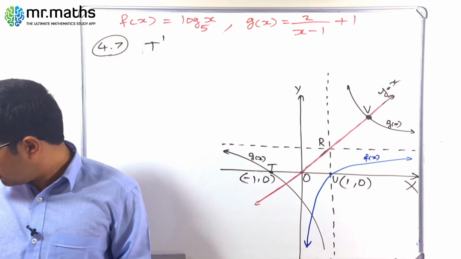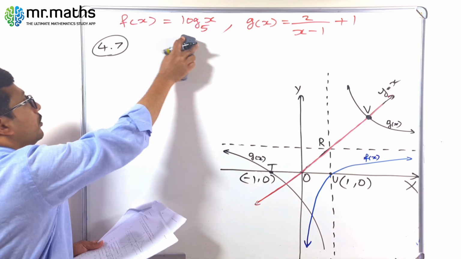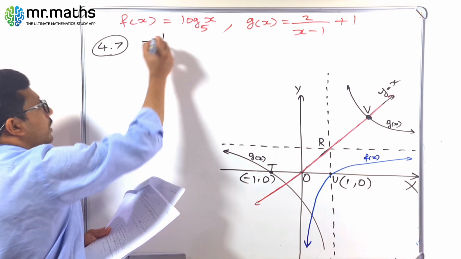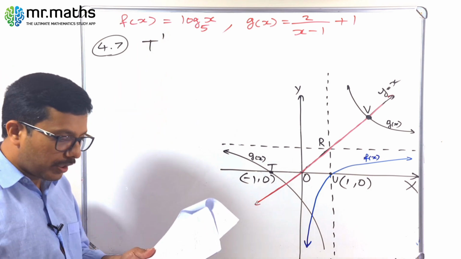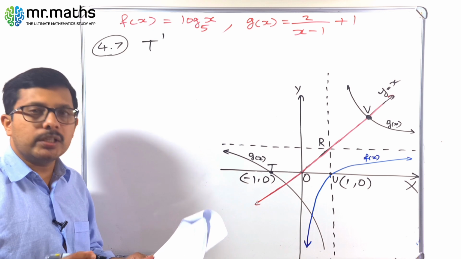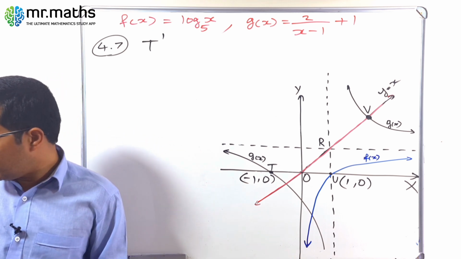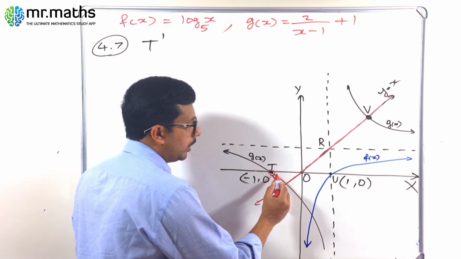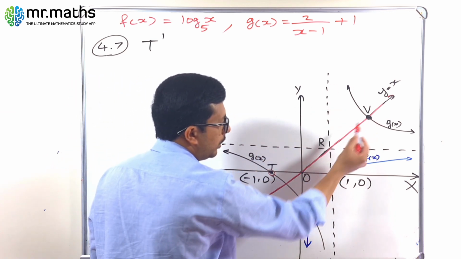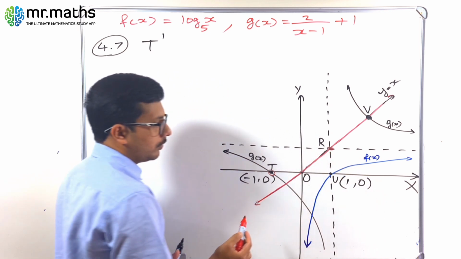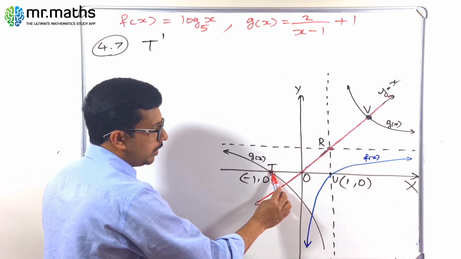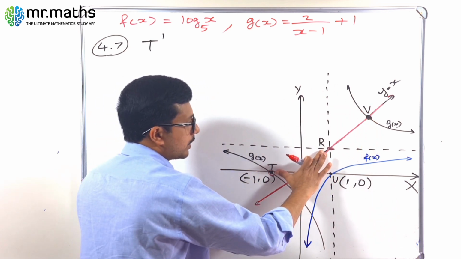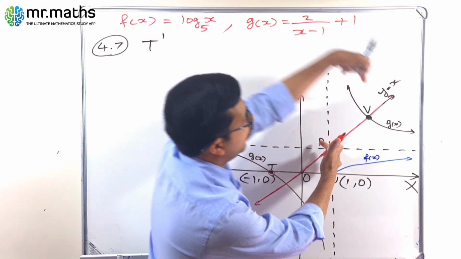What is T dash? It is written there. You have to find the coordinate of T dash, the point which is symmetrical to T about the point R. So T dash is a point symmetrical to T. This is the point T, and T dash is somewhere here, exactly this distance, like this.